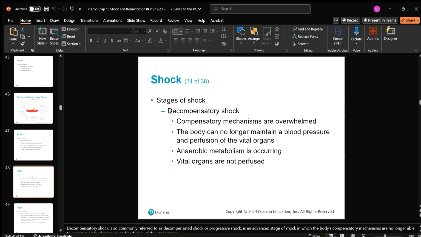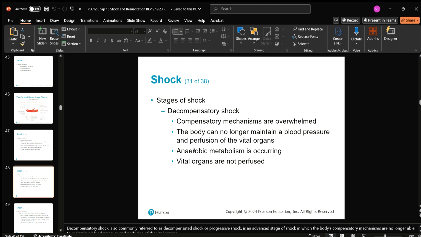So in decompensatory shock, or decompensated shock, the mechanisms are overwhelmed. Our body tried for as long as it could, but can no longer compensate. It's just not enough. So we can't maintain a blood pressure to perfuse our vital organs. Because our vital organs aren't getting the oxygen they need, we move from an aerobic to anaerobic metabolism.